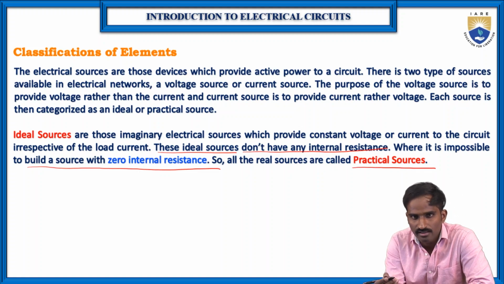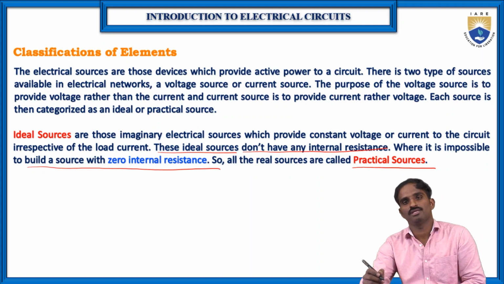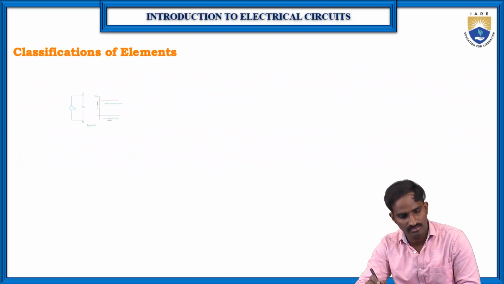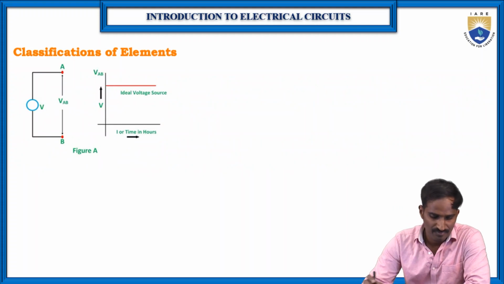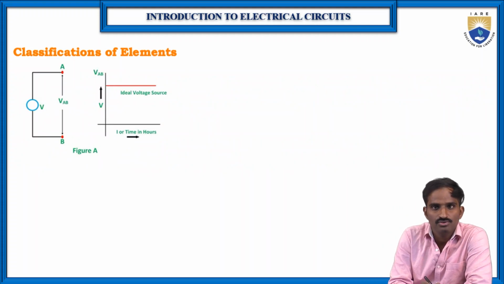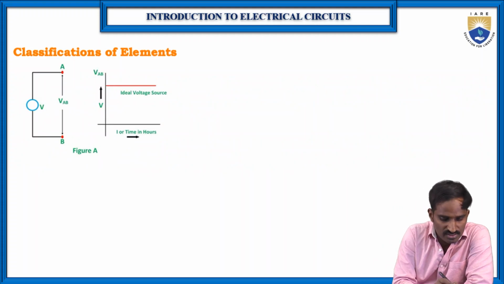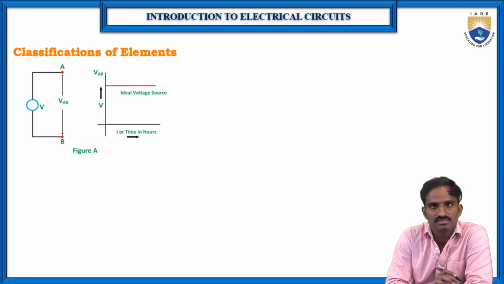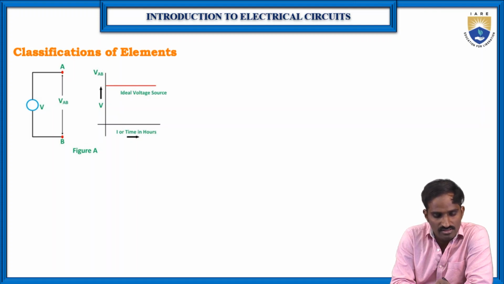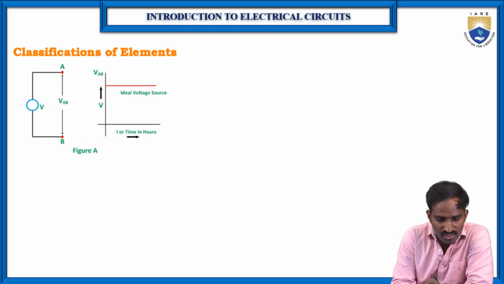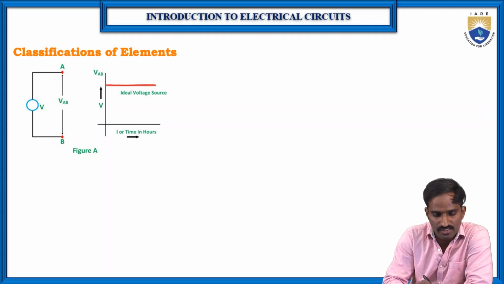Here you can see this is the ideal voltage source, which means this is only the voltage source. It doesn't have any resistance connected in series with it. So that's why this representation is called the ideal voltage source, and the voltage across the terminals A and B is always constant with respect to time.